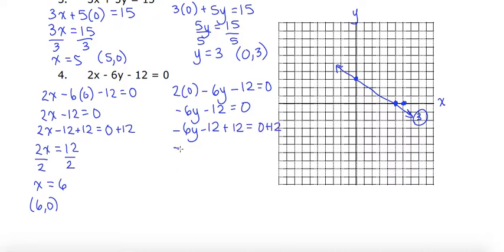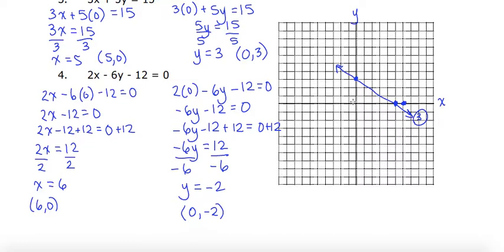So I have negative 6y, negative 12 plus 12 is 0, so it's gone, and then 0 plus 12 is 12. So now I want to divide both sides by the coefficient in front of the y, so we're dividing both sides by negative 6. Negative 6 divided by negative 6 is 1, so we're left with y, and 12 divided by negative 6 is negative 2, which means our coordinate for our y-intercept is 0, negative 2.